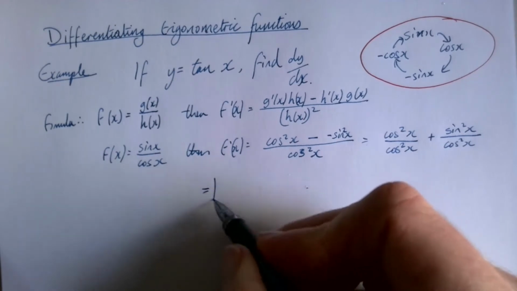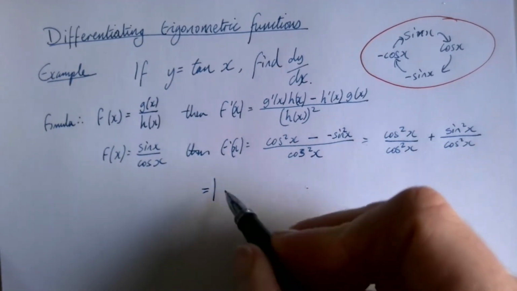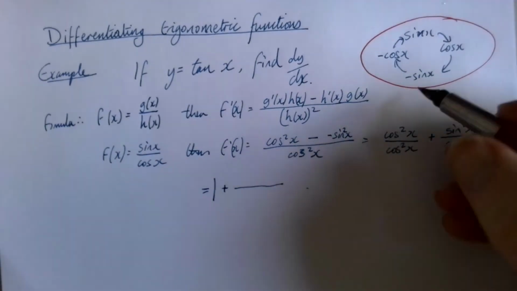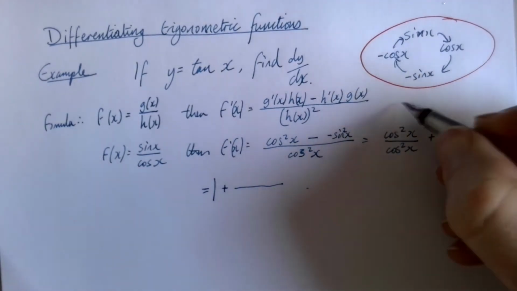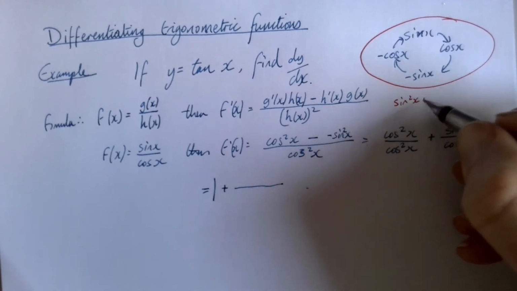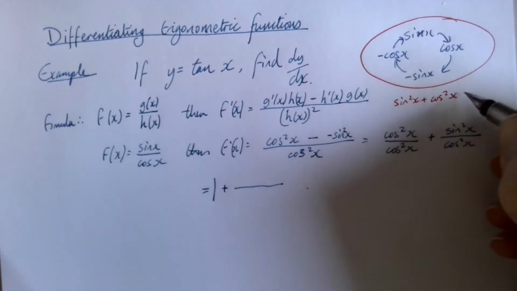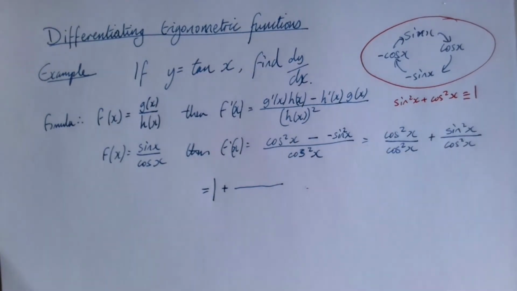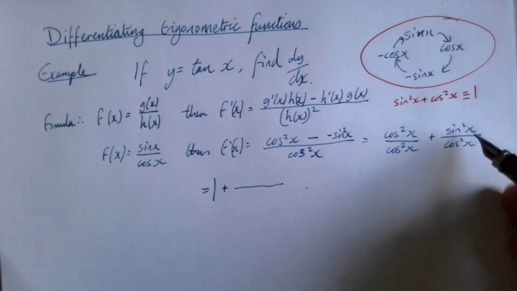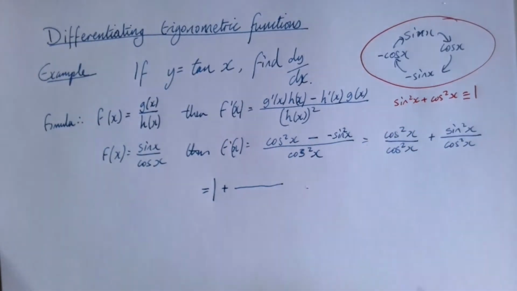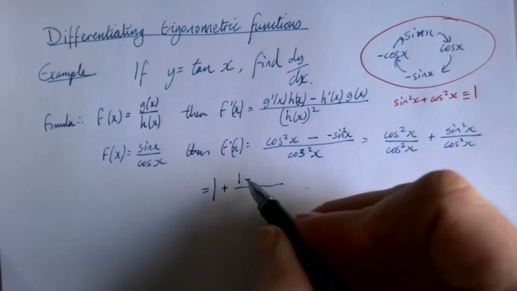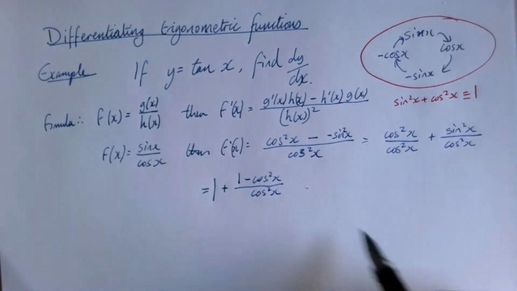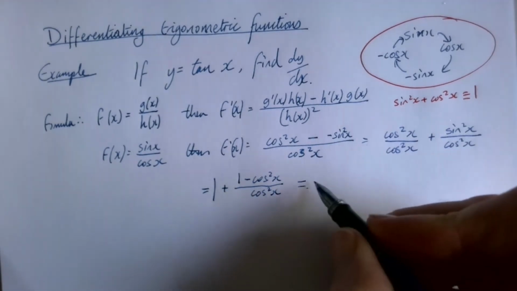So that's going to equal 1, and then we're going to need to split this as well, because sine squared x plus cos squared x is identical to 1. We all know that. So as this is all about cos squareds, let's get rid of the sine squared x and call that 1 take cos squared x.